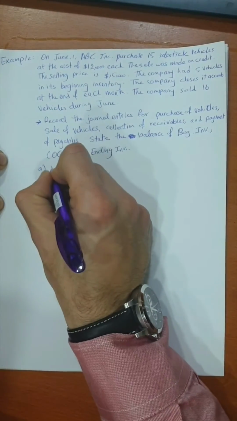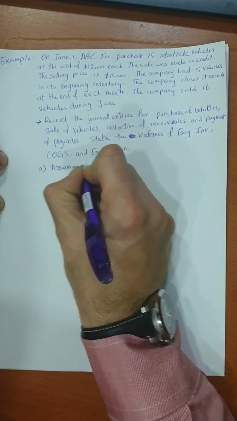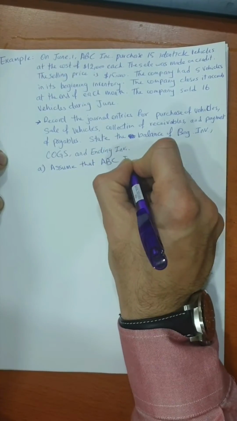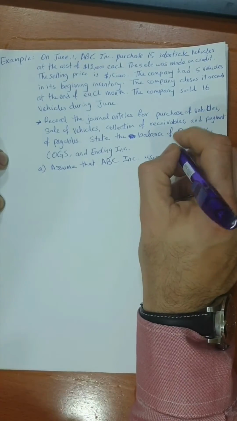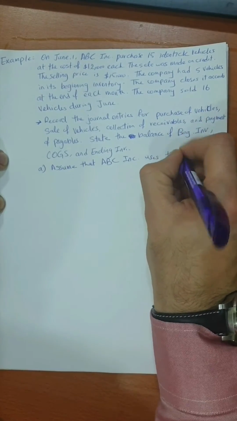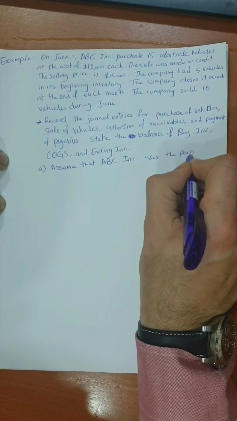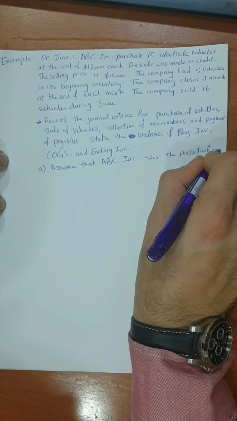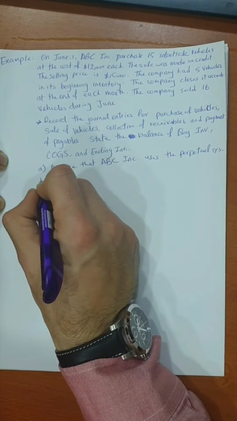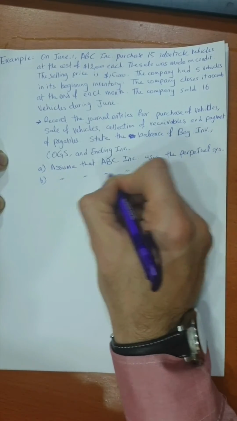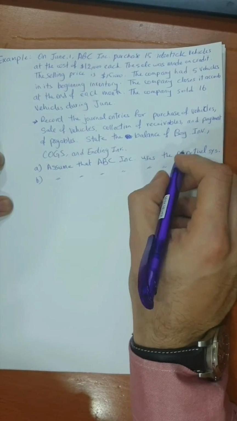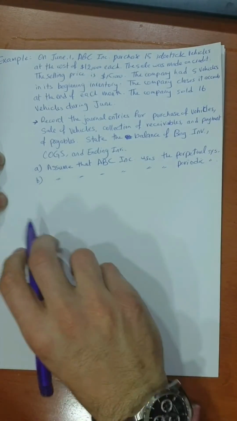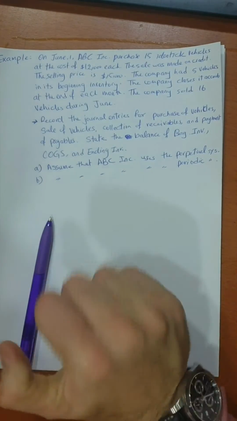In part A, assume that ABC Incorporation uses the perpetual system. In part B, assume that ABC Incorporation uses the periodic system. Okay.